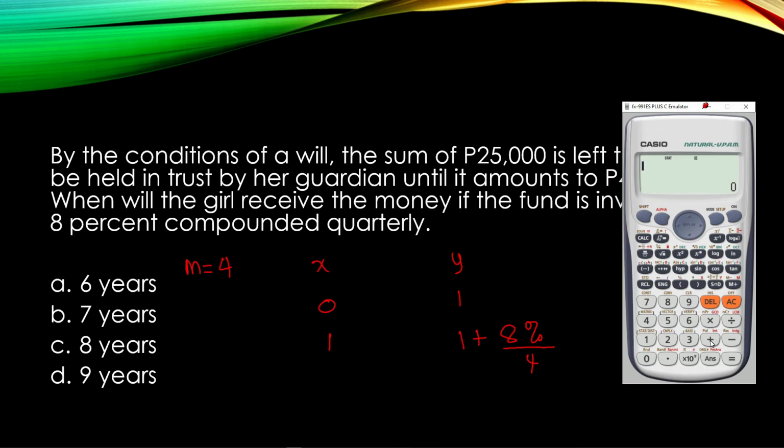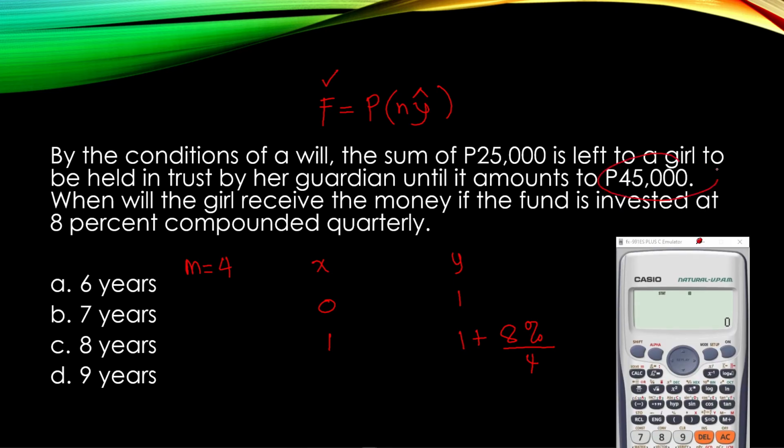So, yung hinahanap dito is the time. Okay? Now, remember that yung formula natin is F is equal to P and Y hat. Now, since given yung F natin na 45,000, ito siya.